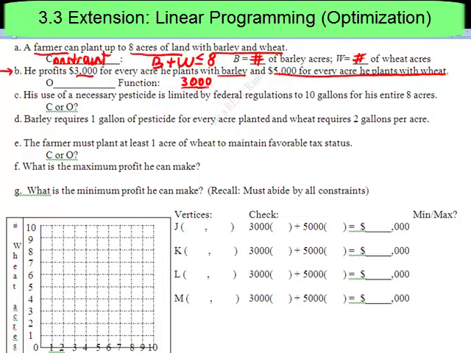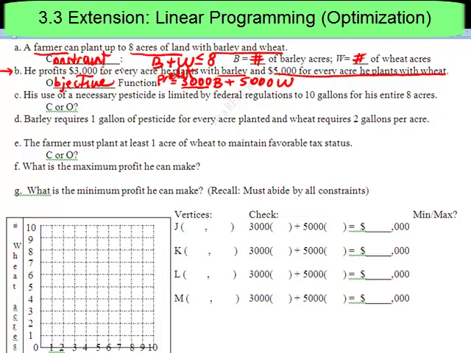So this is the value of each barley acre, and this is the number of barley acres. His profit's going to be 3,000 B plus what? 5,000 W. Nice job. And that's going to be his profit. He's going to want to what his profit? Maximize it, yeah. So this is going to be called the objective function because his profit's going to be equal to 3,000 times B plus 5,000 times W.